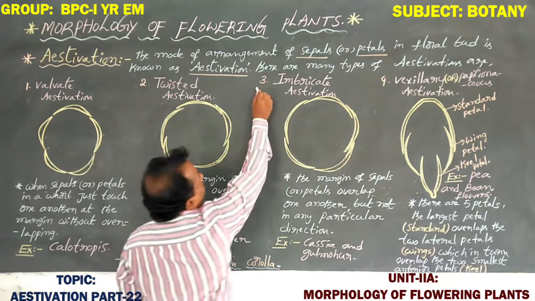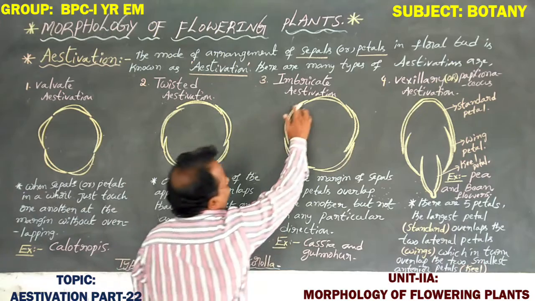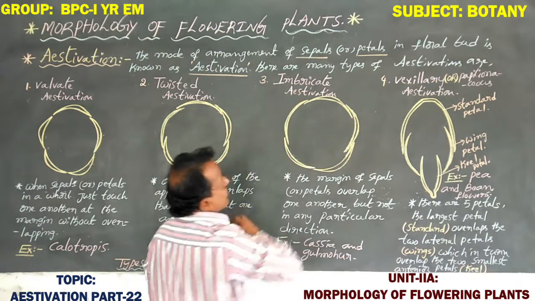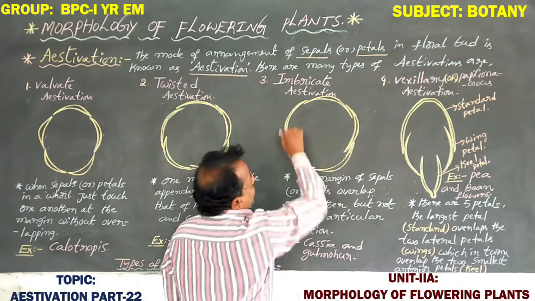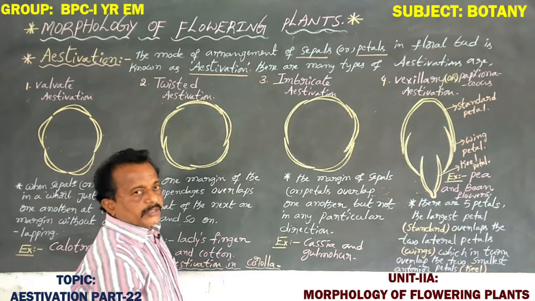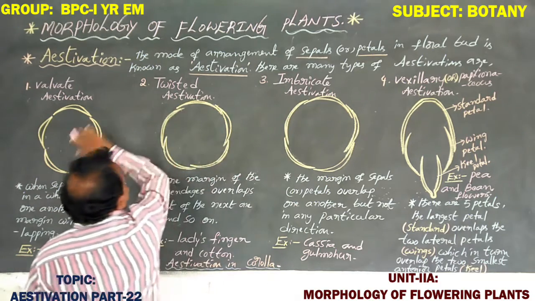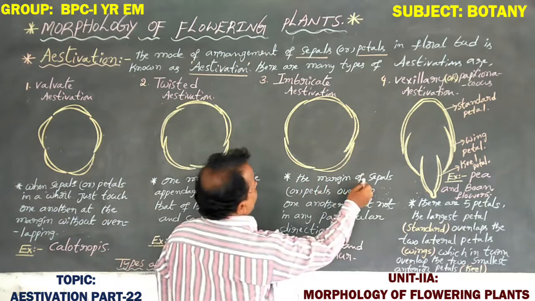Next, coming to the third one, imbricate estivation. Dear students, this is a diagrammatic representation of imbricate estivation. These are 5 sepals or 5 petals, here shown as 5 petals.